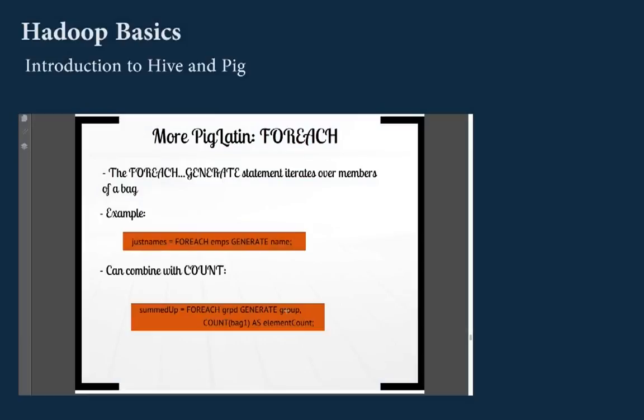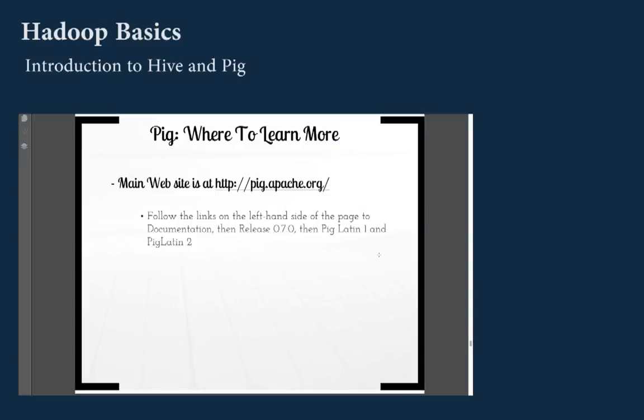Now this group is your keyword for that particular group. So here group by is done in two steps, and that entire group by field actually has a keyword called group, so you can print that directly. Where do you learn more about Pig? You can go to pig.apache.org.